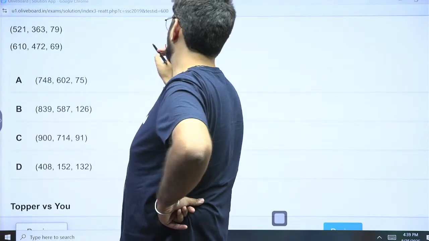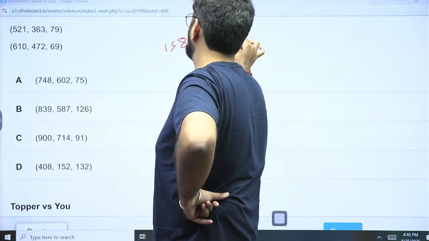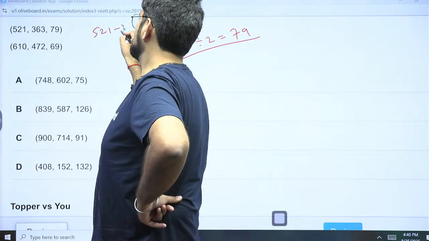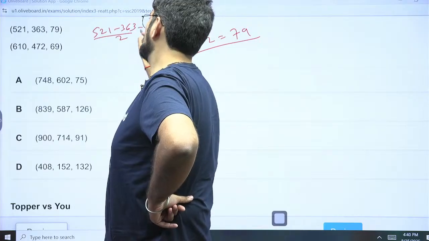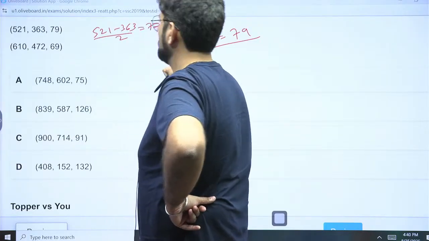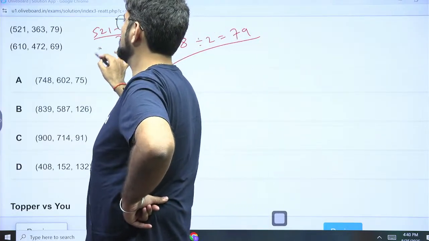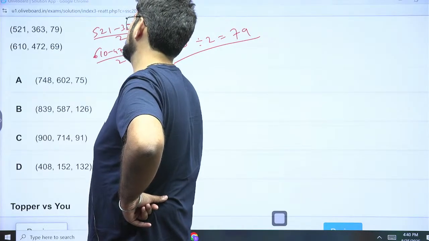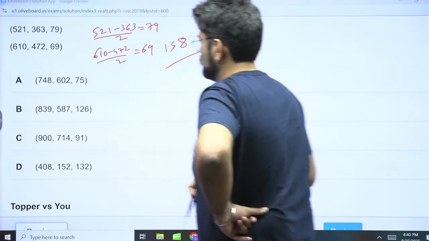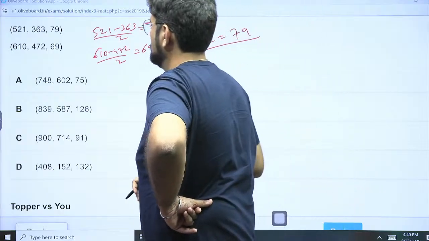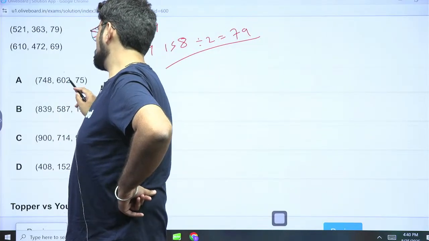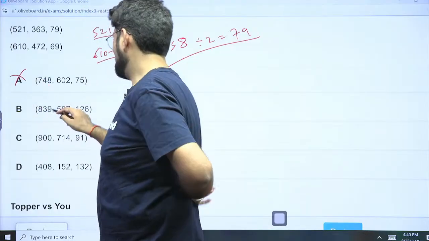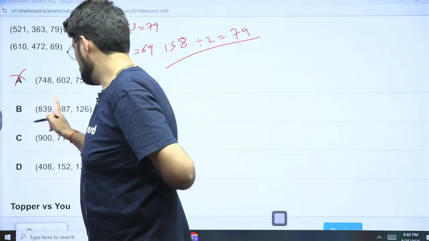Oh, 158 divided by 2 is 79. So 521 minus 363 divided by 2 is 79. And similarly 610 minus 472 divided by 2 should be 69. So where else is it fitting the bill? 8 minus 2 is 6, so this is not possible. 9 minus 7 is 2, this may be possible.